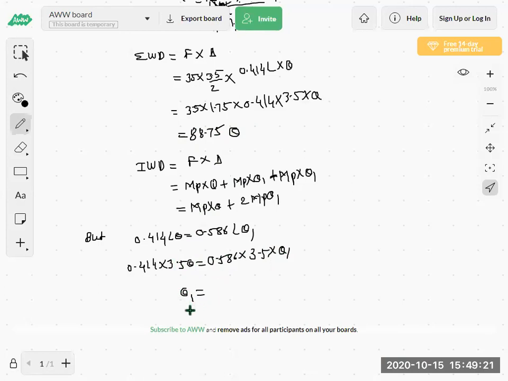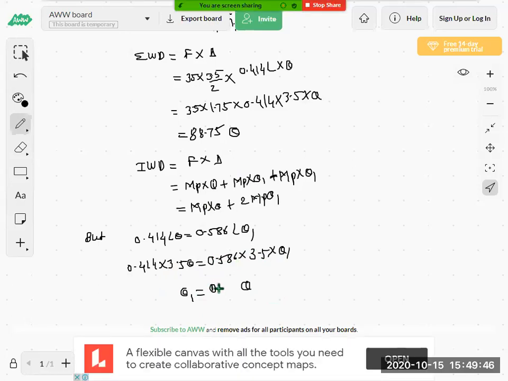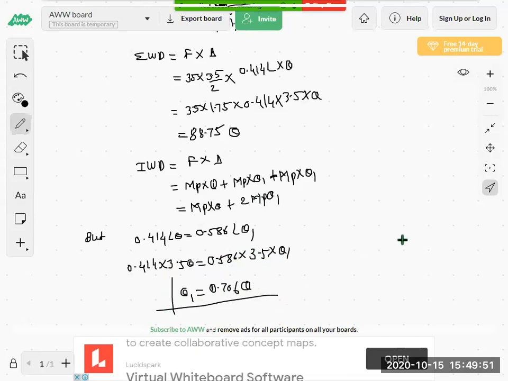So here we are calculating theta 1 in terms of theta. This will divide to this side. This 0.86586 is dividing to this side. So 0.706 theta. Is this the correct answer?